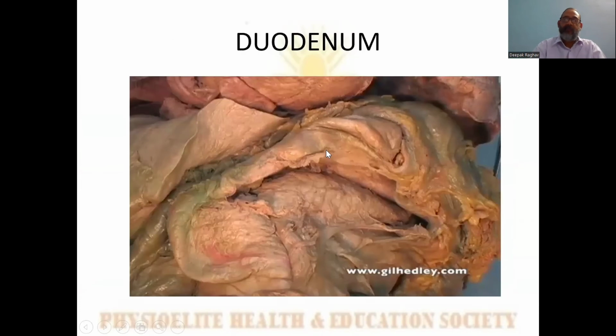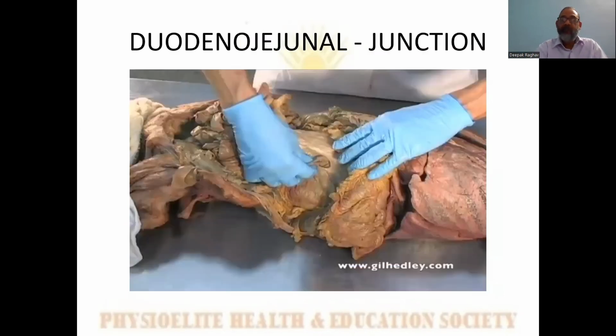Right? Then come to the duodenum. The duodenum is the first part of the small intestine. This is the stomach, and this C-shaped structure is the duodenum. Next is the duodeno-jejunal junction, the border between the duodenum and jejunum.